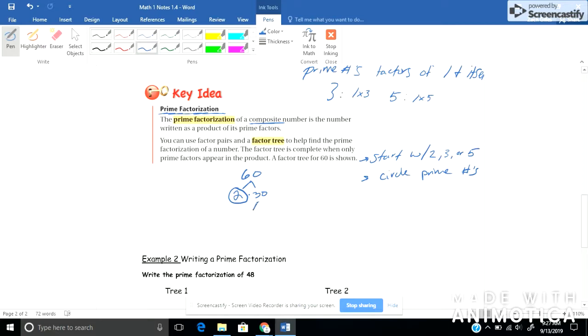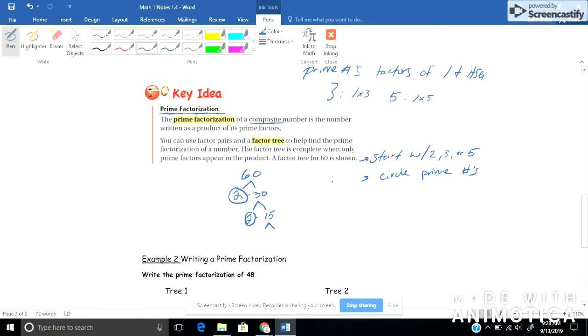Okay, I can break down 30 because it is still a composite number. Again, I'm going to use 2 here because this is an even number. And 2 times what gives me 30? Well, that'd be 15. Again, 2 is prime, I'm going to circle it. 15 is still composite. I can still break it down into 2 factors. I can't use 2 this time because 15 is an odd number.